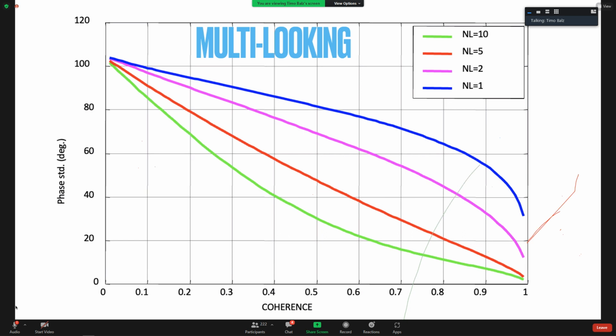To reduce speckle and errors like speckle, we need to create statistics and then, for example, the average of the pixels in a window would be the easiest form of statistics.